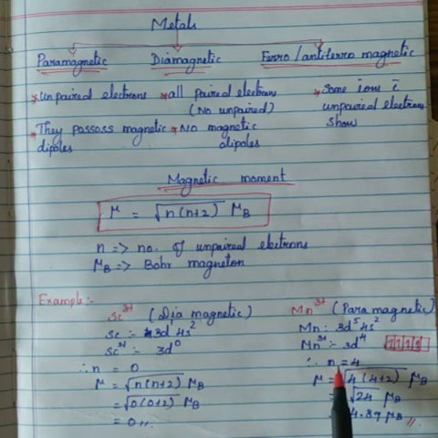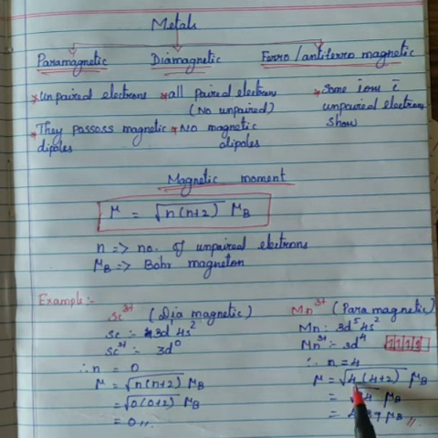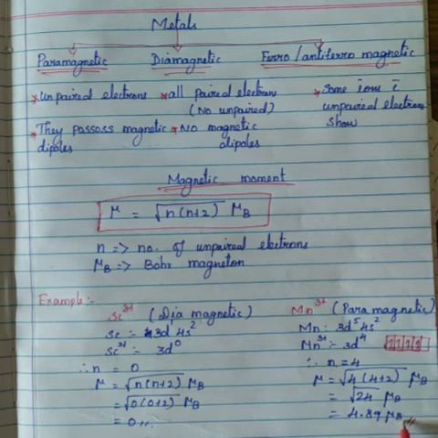We substitute this n value in the magnetic moment formula: 4 into 4 plus 2. 4 plus 2 is 6, 6 into 4 is 24. The root of 24 gives 4.89 Bohr magneton. So the Mn3+ magnetic moment is 4.89 Bohr magneton.